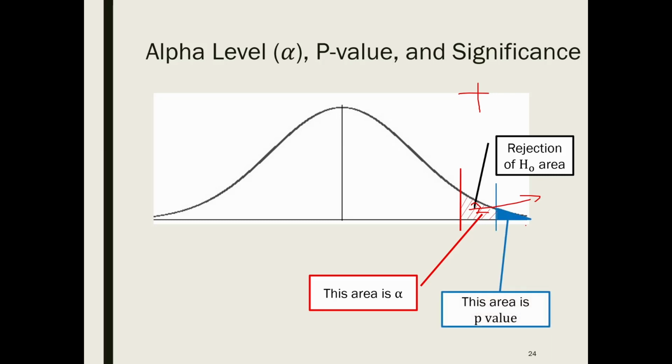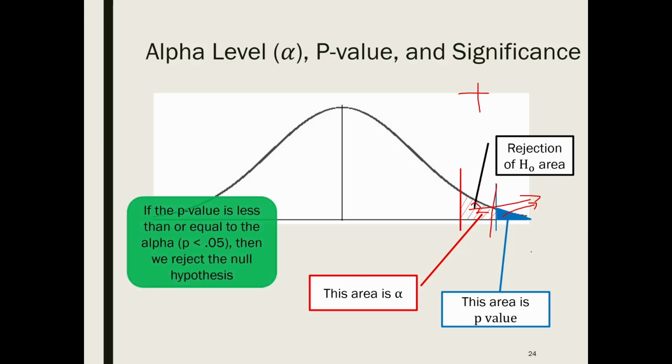So if the p-value is within this rejection area, we are going to reject the null hypothesis. If the p-value is less than or equal to the alpha level 0.05, then we reject the null hypothesis, because this area is 0.05 in proportion, right?